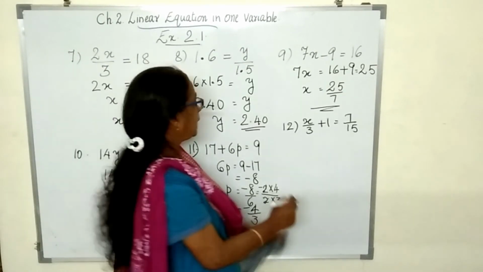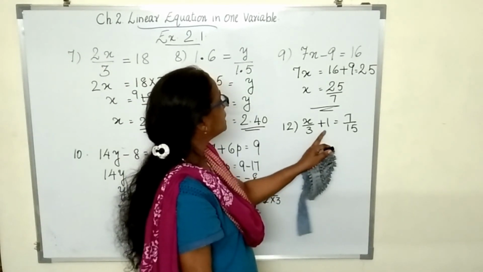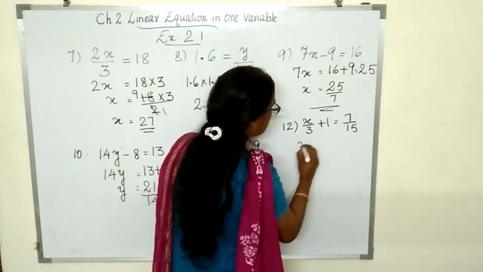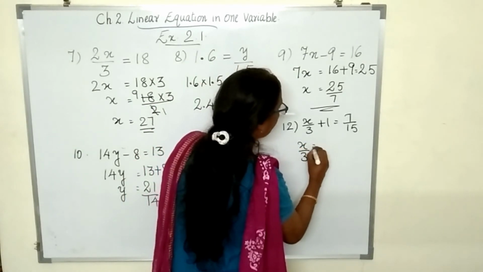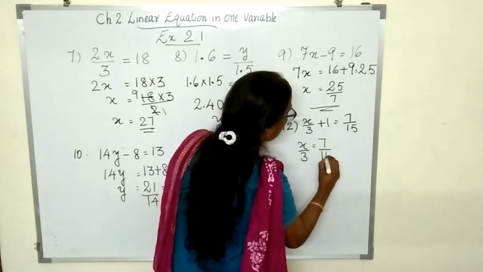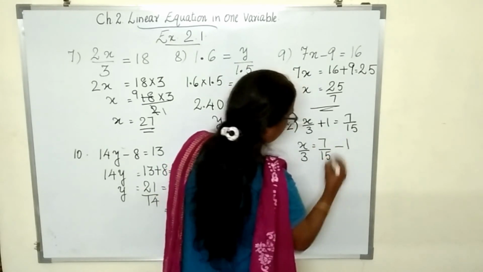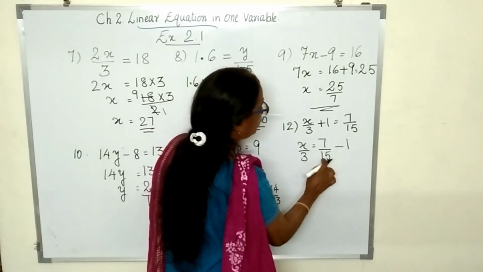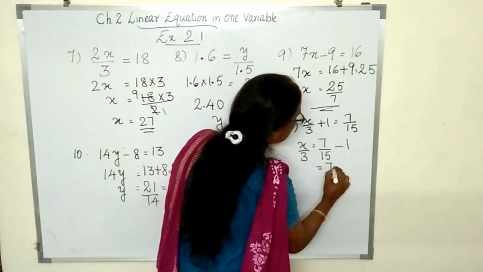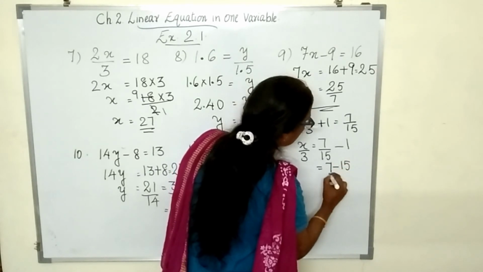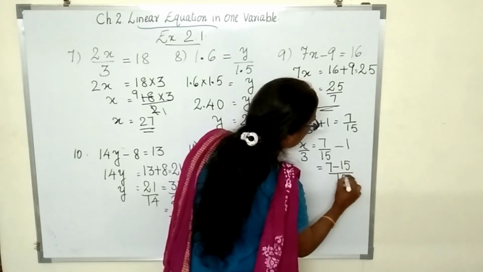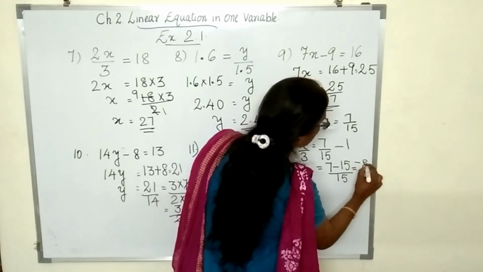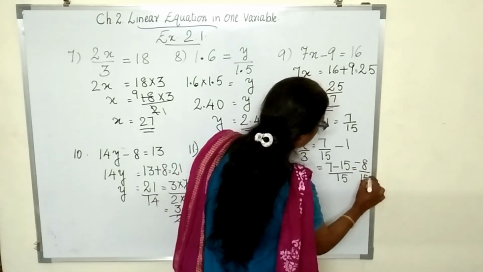The next question is x upon 3 plus 1 is equal to 7 upon 15. So x upon 3 is equal to 7 upon 15 minus 1. Here we need to find the LCM, which is equal to 15. So 7 minus 15 upon 15, which is equal to minus 8 upon 15.